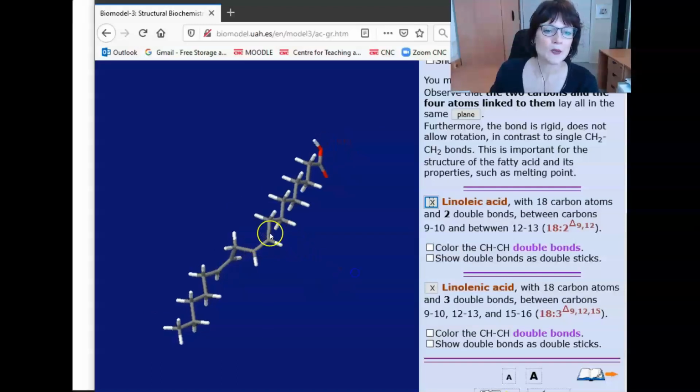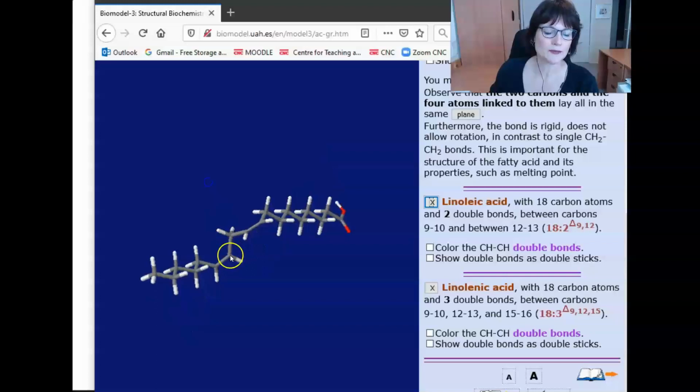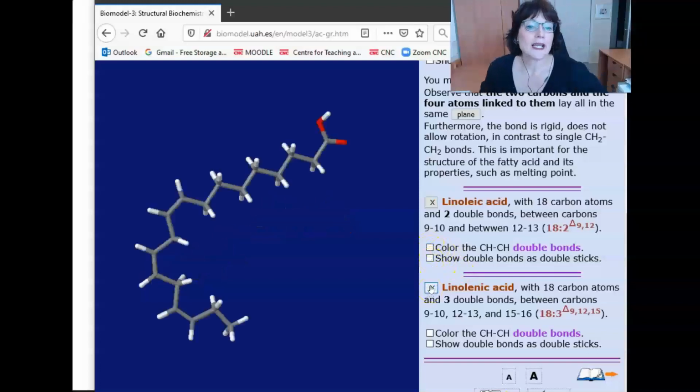Notice that there's only 1 hydrogen instead of 2 like the others. So this is involved in the double bond, so carbon 9, 10, 11, 12. So carbon 9 and 12 are involved in the double bonds. And similarly, if you look at linolenic acid, it has 3 double bonds.